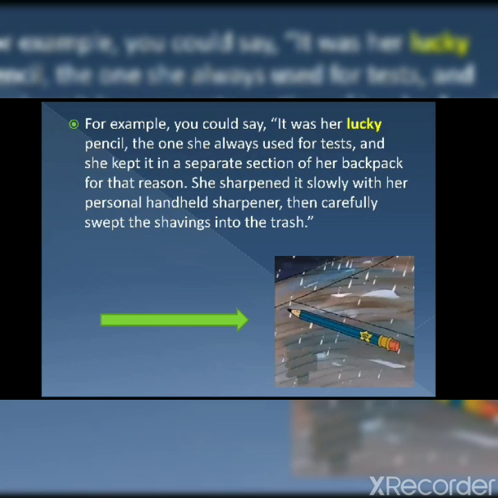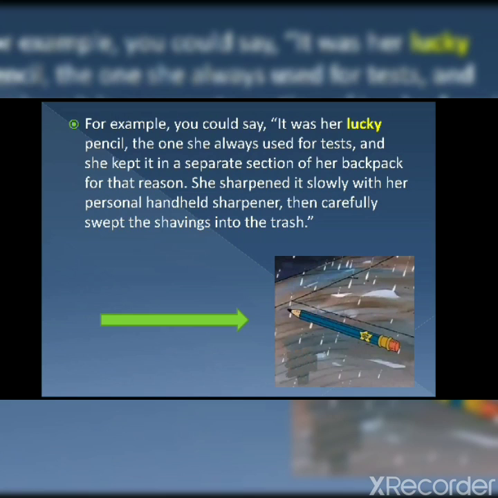We described it as a lucky pencil. And when we say lucky, the importance of the pencil automatically increases. Like, it was her lucky pencil, the one she always used for tests. That means the girl always uses the same pencil, which she thinks is her lucky pencil, for all the tests.